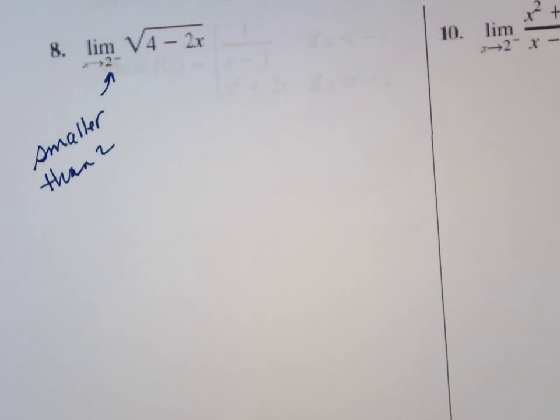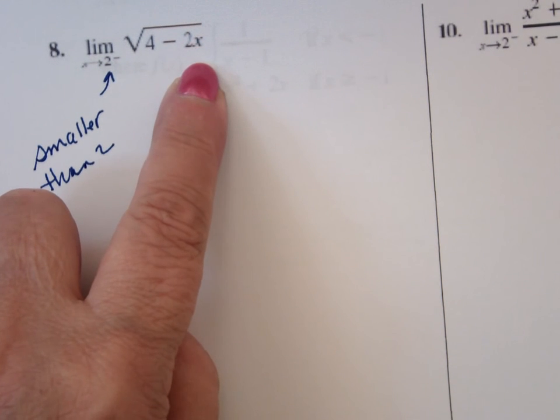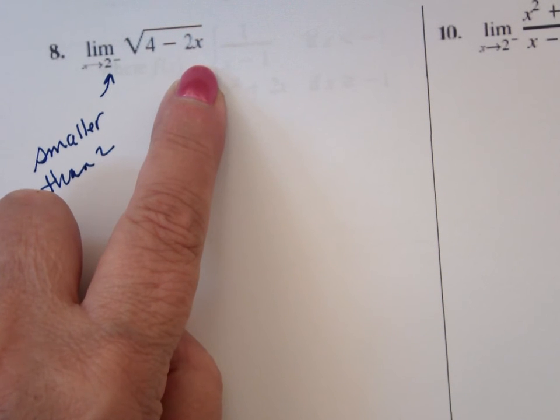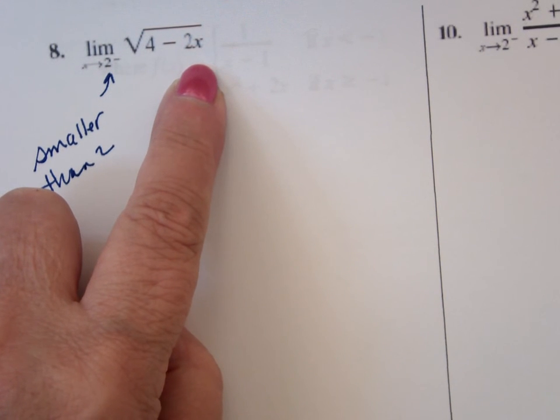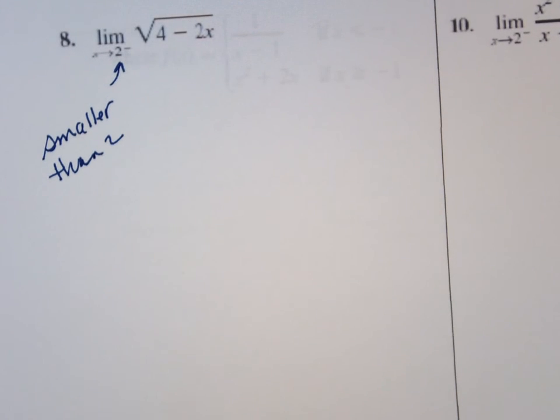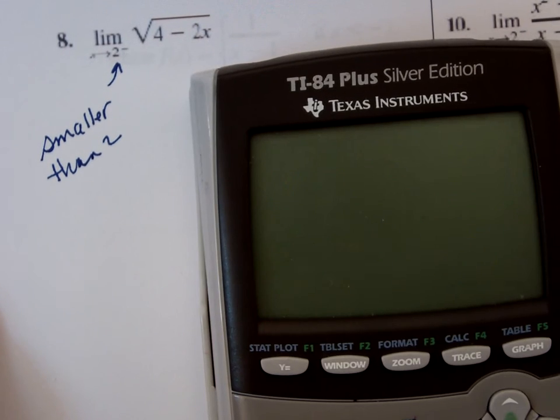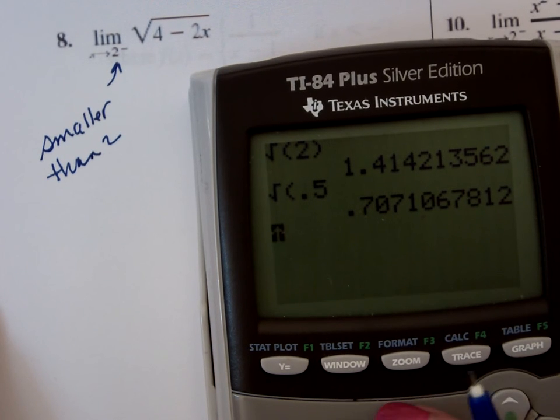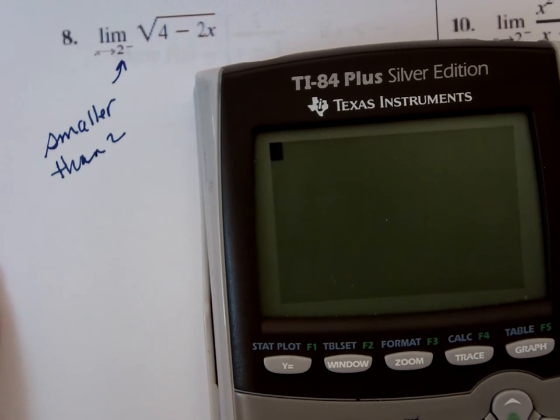That's why this guy is only coming in from the left. Because if you pick a number bigger than 2, you're going to end up with this number being bigger than 4. Because at 2 you get 0. At 2.1, what are you going to get? I'm going to get 4 minus 2 times 2.1.